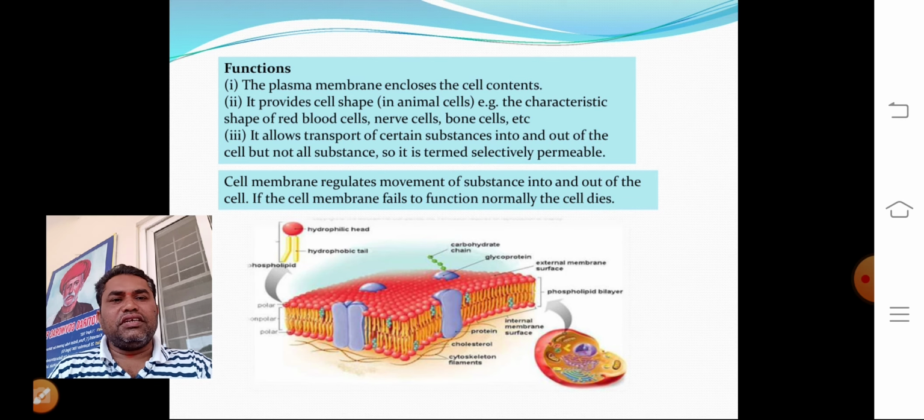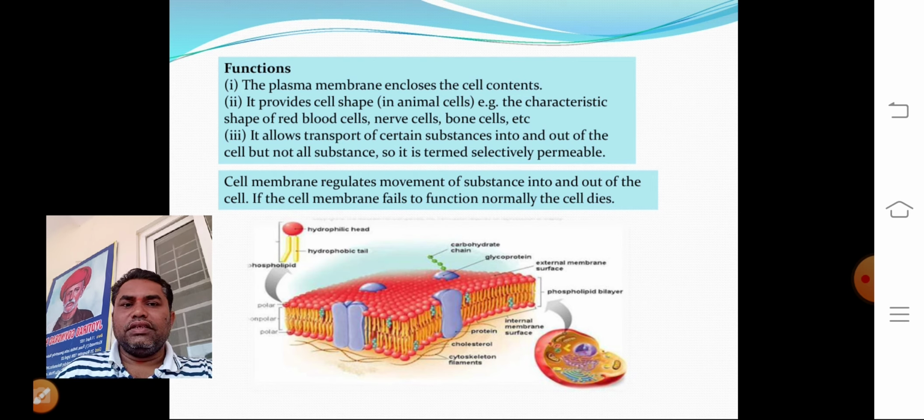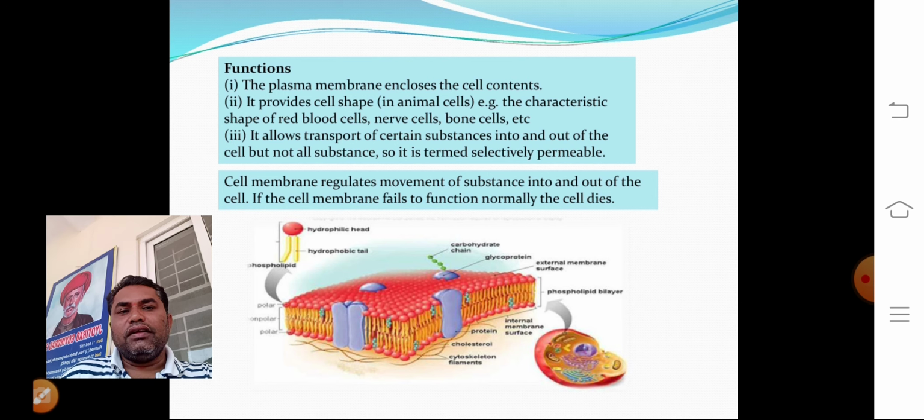So this is the structure. You can see in the picture two parts: the blue colored parts are proteins, and the red and yellow colored parts are the bilipid layer. In the bilipid layer, the outer layer has a head and tail, and in the same way the inner layer also has a head and tail.